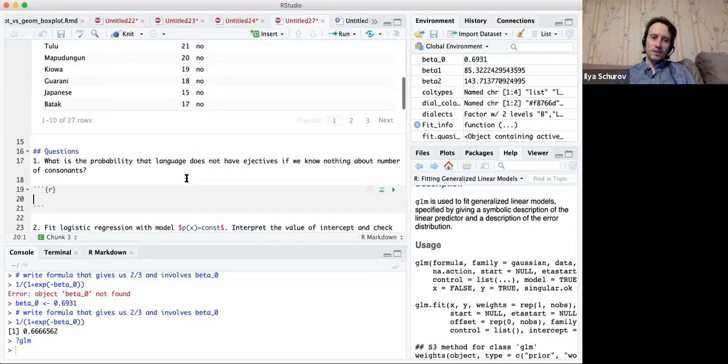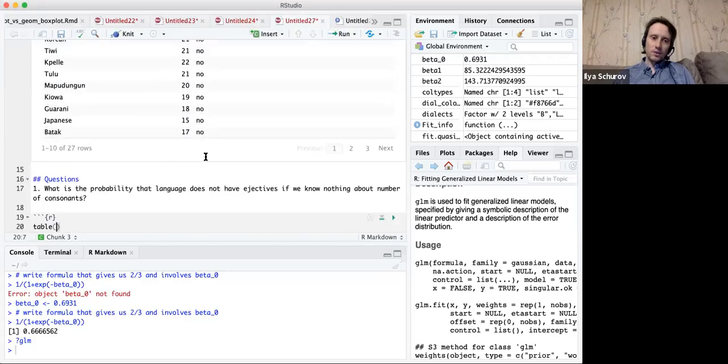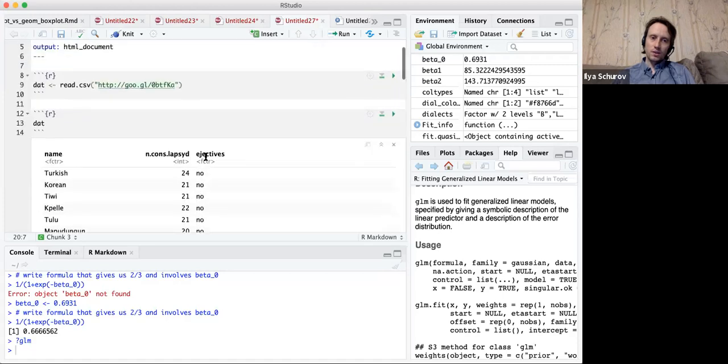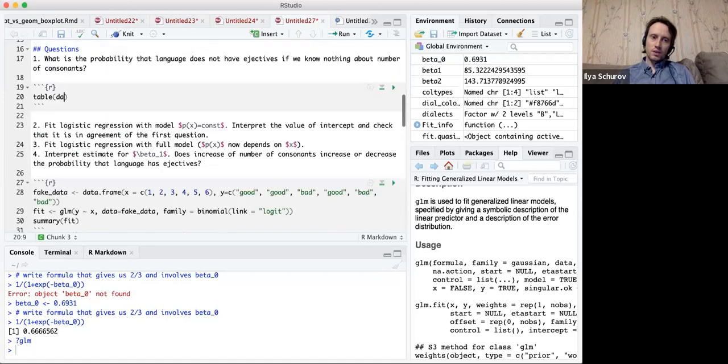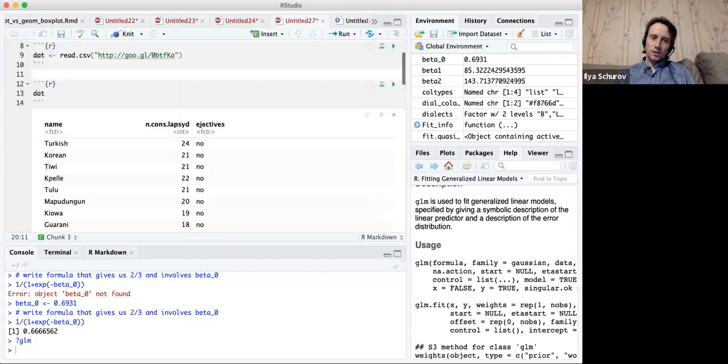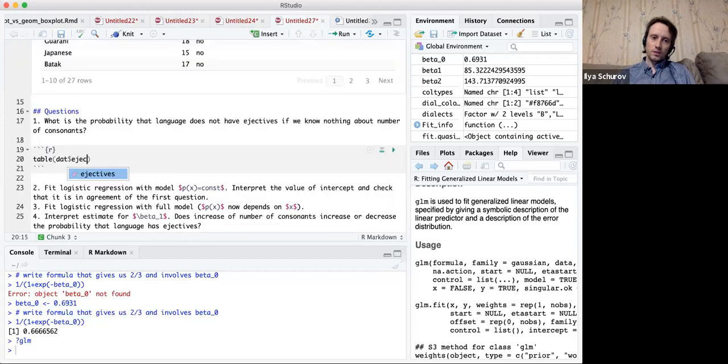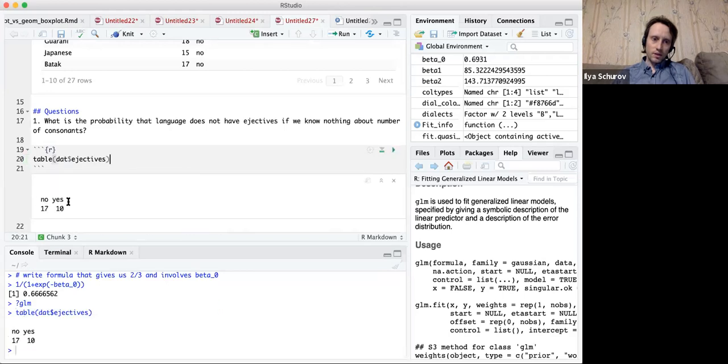Okay, I see. So actually, we can use the table function. Table dot adjectives, and it gives me absolute values, and then I can, for example, divide by length of dot adjectives.